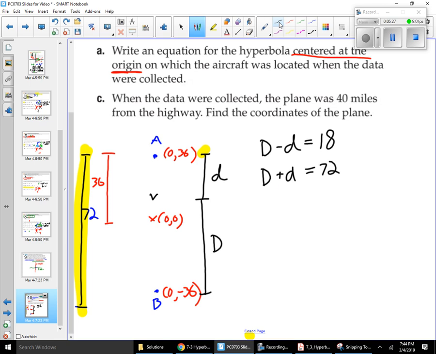Solving this system, hey, the D's cancel. So double the big distance is going to be, what, 90? Divide both sides by 2, and that gives you a distance of 45. So we know now the distance between a focus and the far vertex.